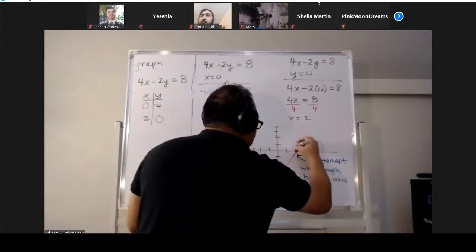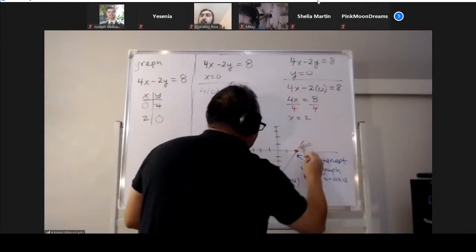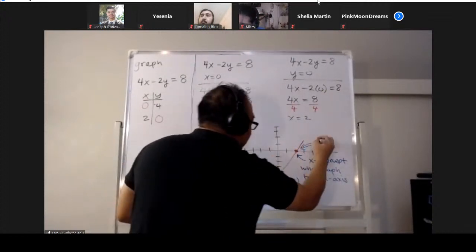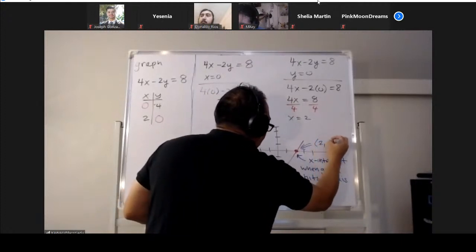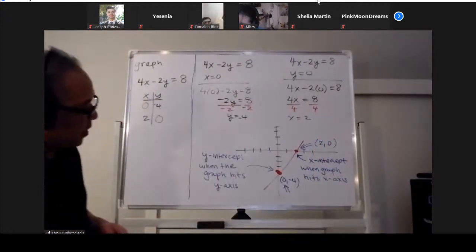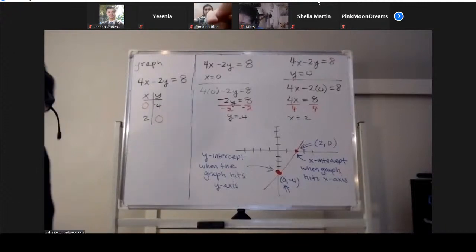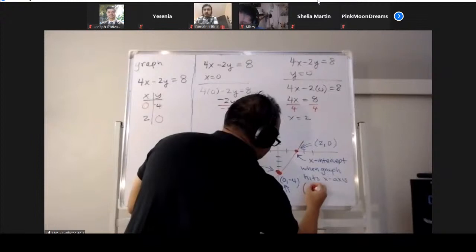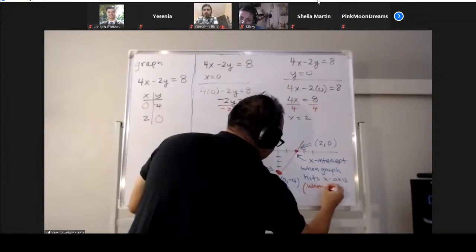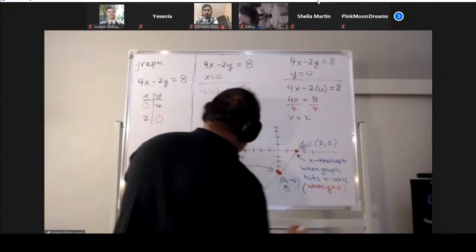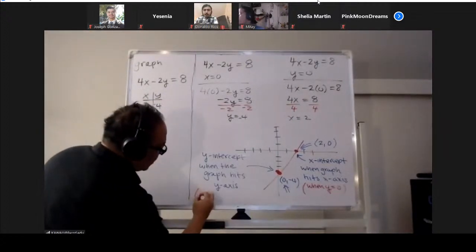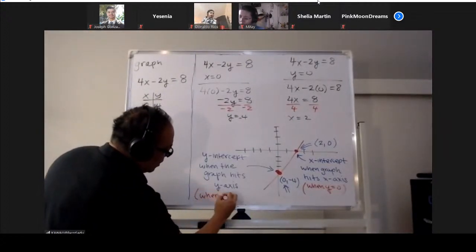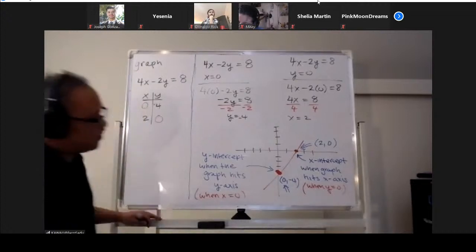Over here, what makes me hit it is when the y is equal to 0. So another way of thinking about this is the x-intercept is when y is equal to 0, and the y-intercept is when x is equal to 0.